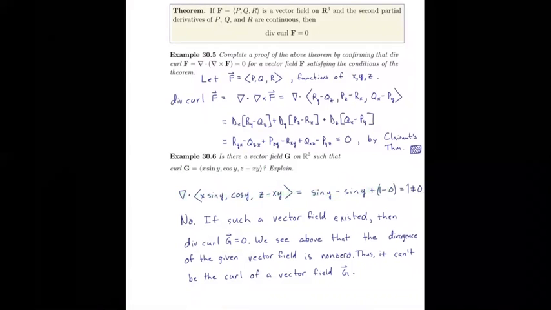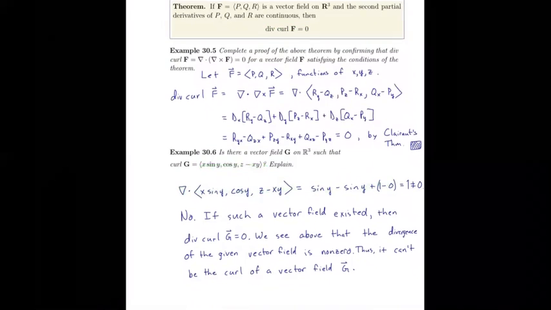Okay, so that essentially handles that one. Now, had that been 0, then we could say, yes, it's possible that there is some vector field G whose curl was equal to what we were given here, because when we take the divergence of it, we got 0, and this necessary condition was still met.